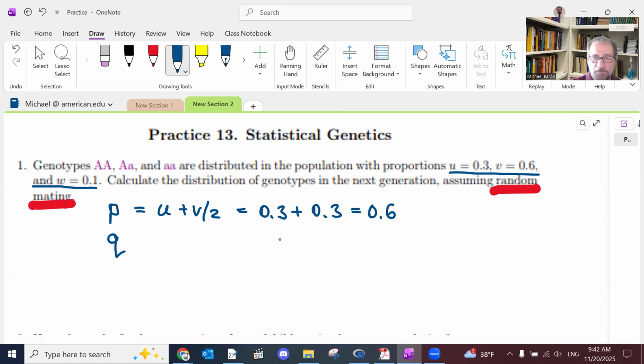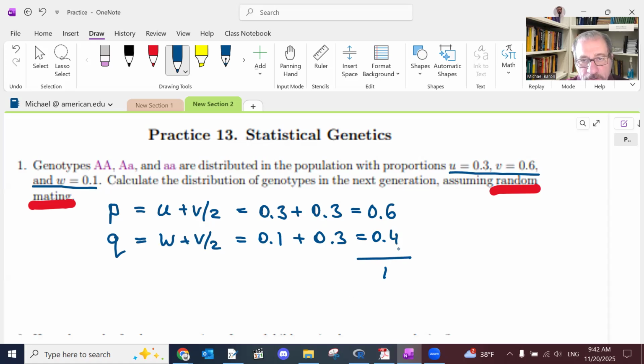That's 0.6. And Q is W plus half V. That's 0.1 plus the other half of 0.6. That's 0.4. Quick check that the sum is 1. Okay, we are on the right track.